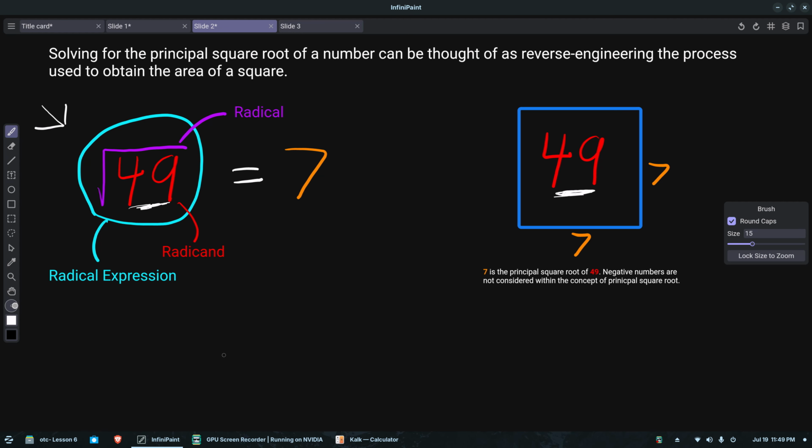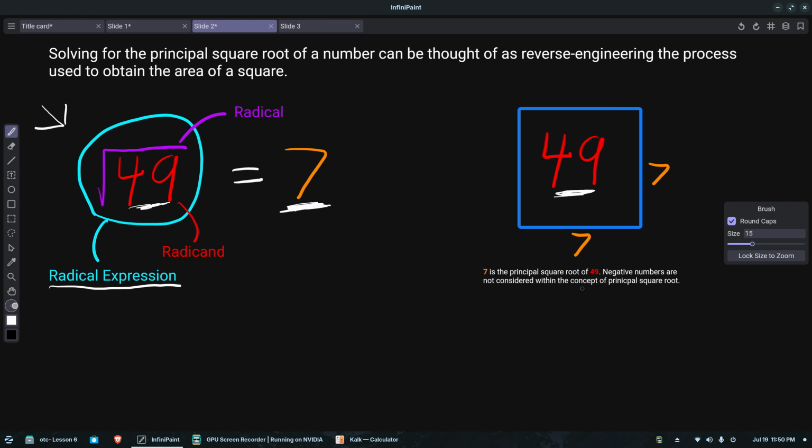So if we assume that the radicand was the area of a square, what we're basically asking ourselves with this radical expression is what number was multiplied by itself to get this radicand? And that is the answer to this problem.